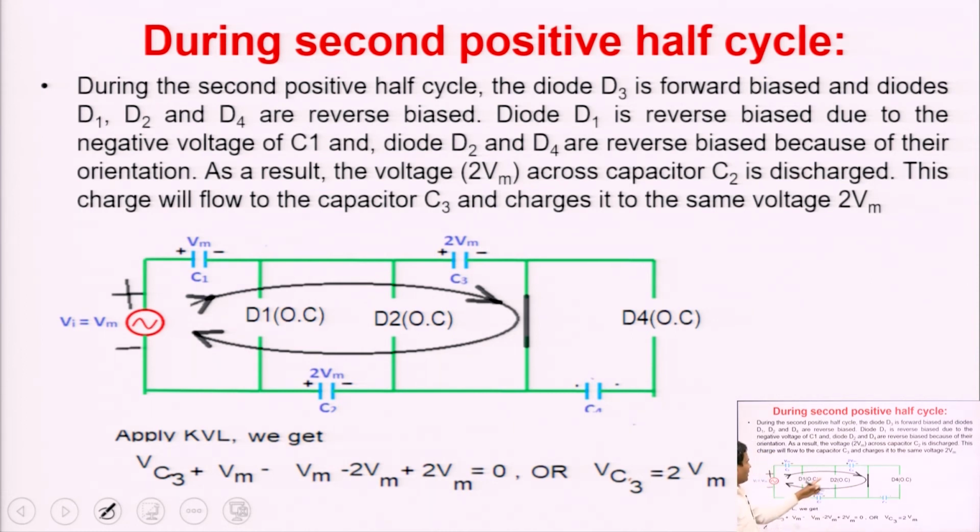Then C3 will get charged in the clockwise loop. How much voltage will get charged in the capacitor C3?